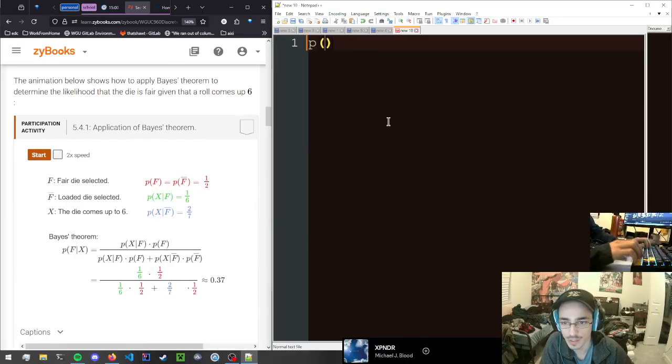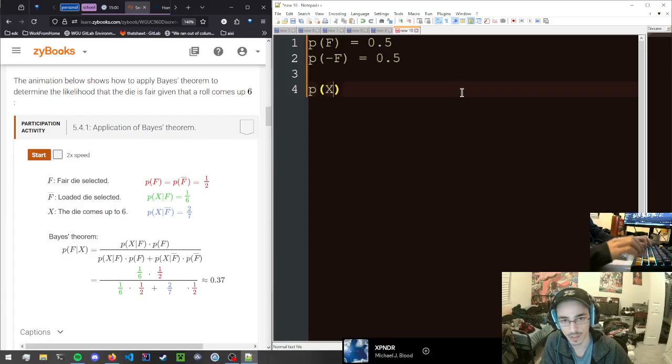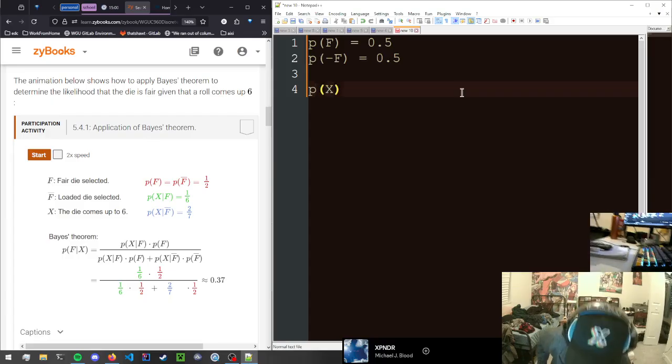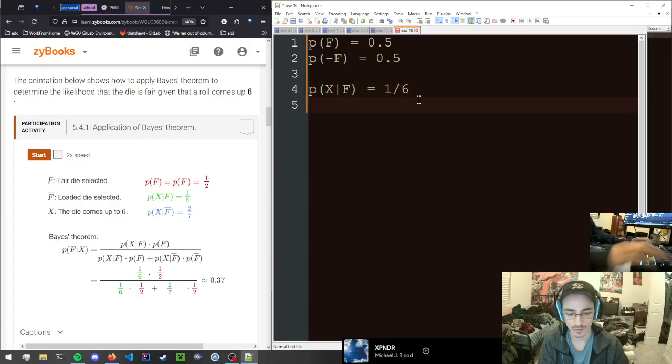So let's take a look-see on this. So let's say we got this, the probability of rolling a 6 given you have a fair dice, which is 1 over 6.